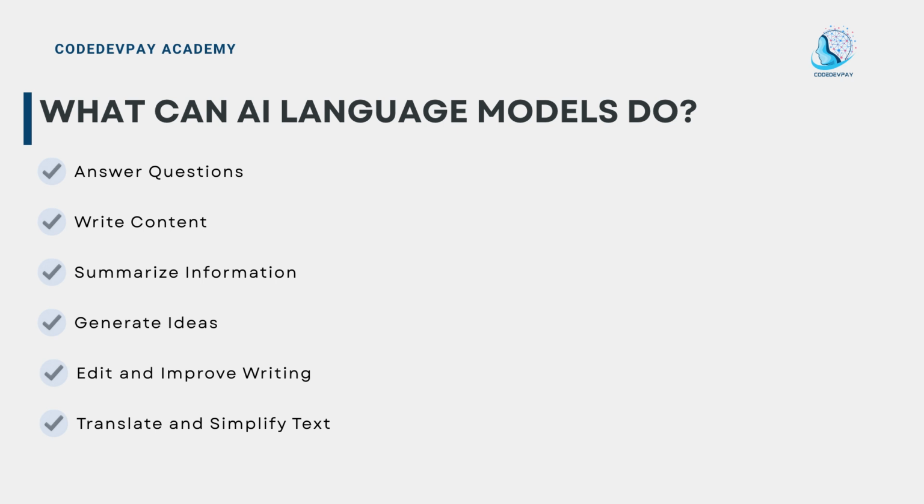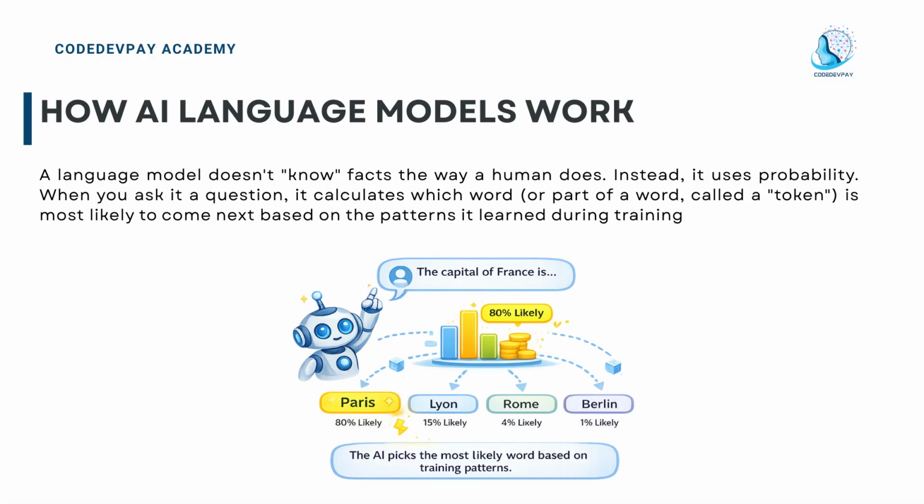So, how do AI language models work? Just a quick brush through because we covered this in the previous lesson. It doesn't know facts, instead it uses probability. When you ask it a question or you give it a prompt, it calculates which word or part of a word, which is called a token, is most likely to come next based on the patterns it's learned during training.